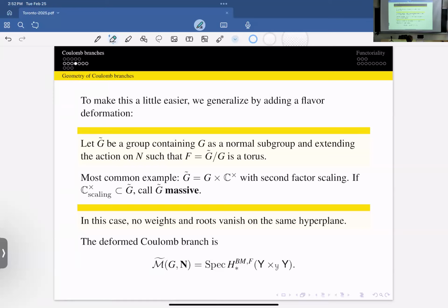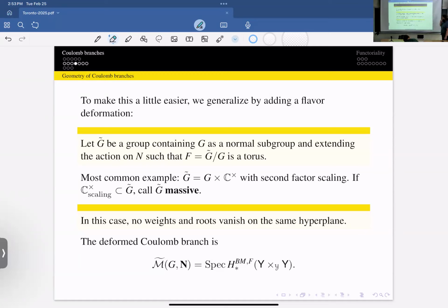There's a useful trick with this story, which is that we can deform our Coulomb branch. This is what's called flavor deformation. The usual way I want to do this is to take G and replace it by a bigger group that still acts on the same representation, that contains G as a normal subgroup, and such that the quotient is a torus.